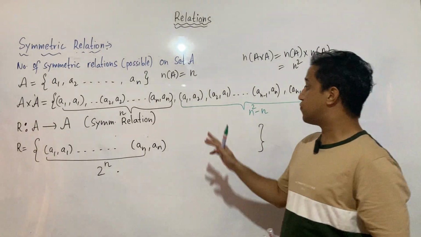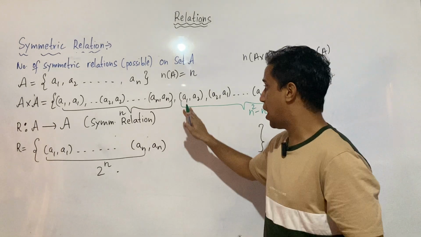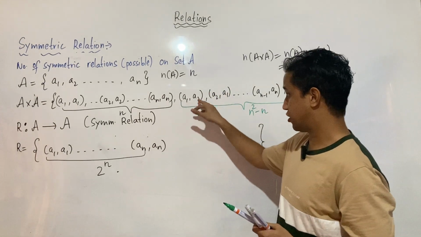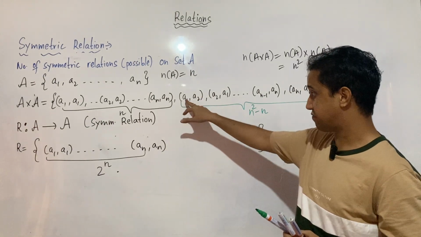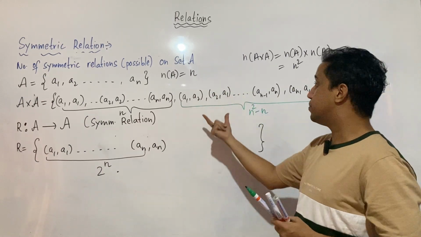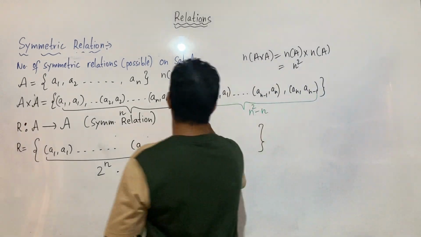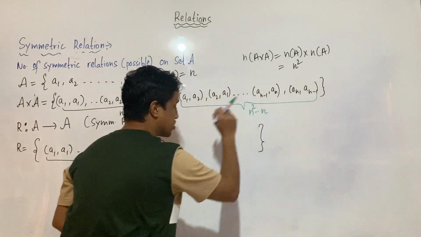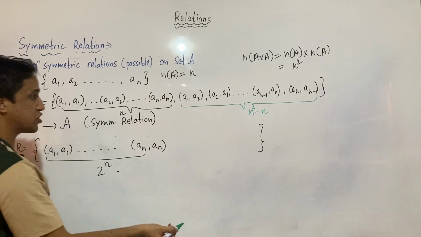Now, for these elements to join this symmetric relation, they have to come in pairs. A1 and A2, for example, this ordered pair cannot come alone, right? Why? Because if A is related to B, then B must also be related to A. So they have to come in pairs here. For all these left terms, n square minus n, how many pairs are possible?